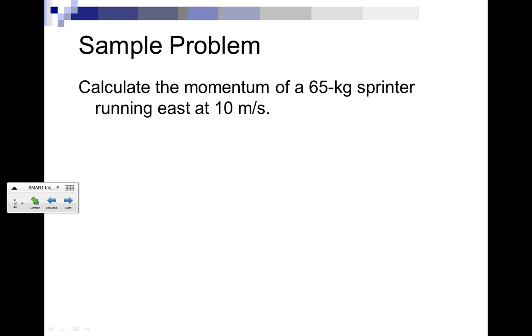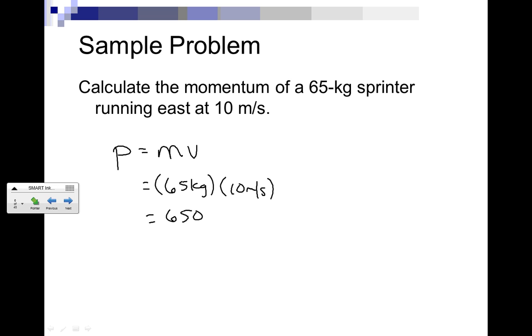So what's the momentum of a 65 kilogram sprinter running east at 10 meters per second? 65 kilograms times 10 meters per second, so 650 kilograms times meters per second. Now it does have a direction. Momentum is directional.